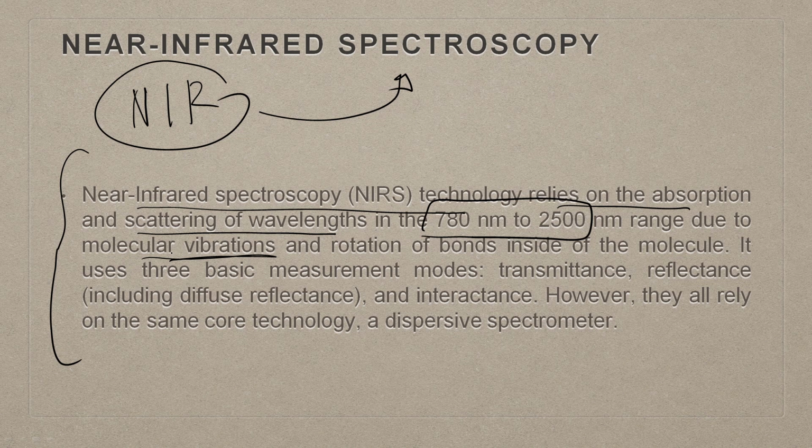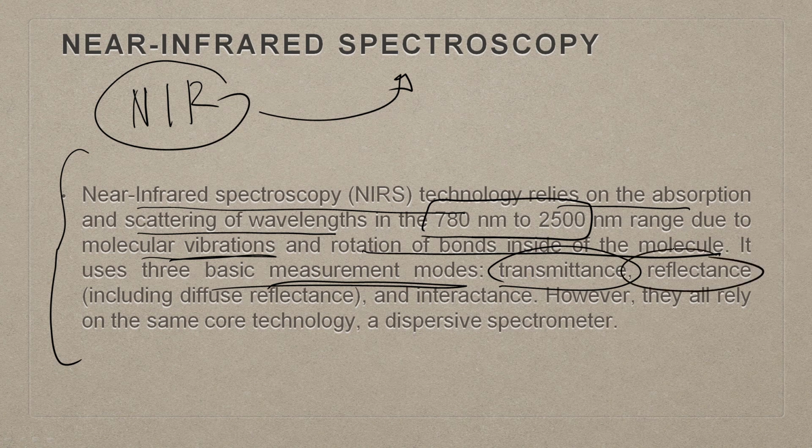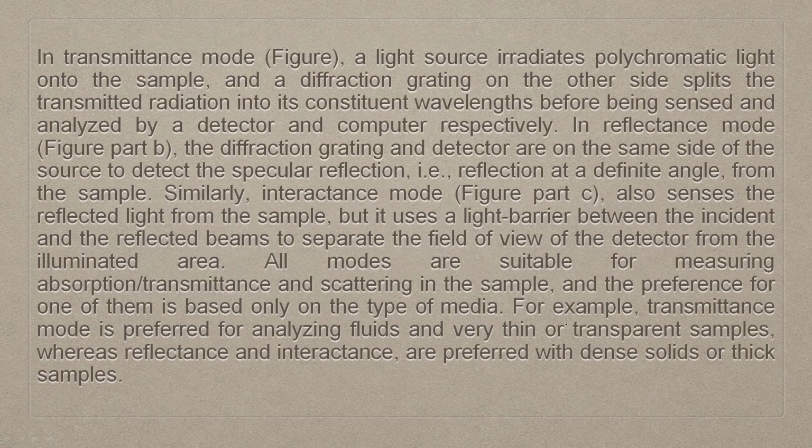We have already talked about this in the previous classes; now I am just revising. It uses three basic measurement modes: transmittance, reflectance, including difference in reflectance, and interactance. However, they all rely on the same core technology, the dispersive spectrometer.